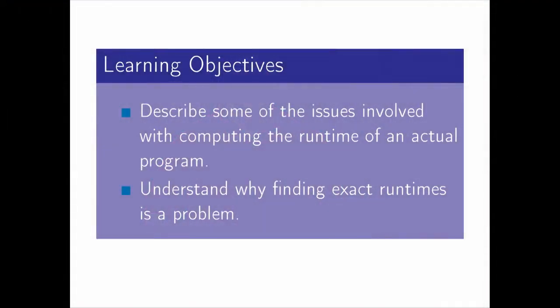Today we're going to be talking about what really goes into computing runtimes and really understanding how long it takes a program to run. Up till this point we're using this sort of rough number of lines of code executed count. Today we're going to talk about how accurate this is and what sorts of complications come in.